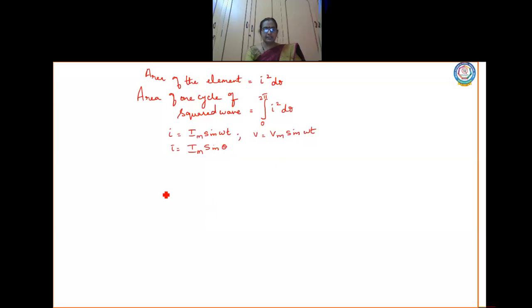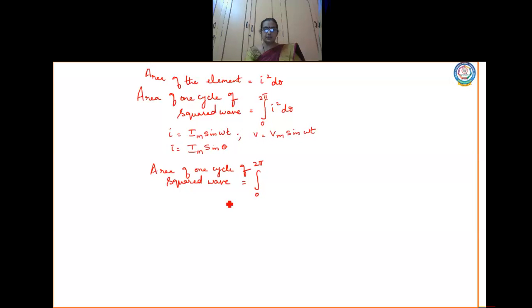Okay, now let us find out the area. I will just write in short, children: one cycle of squared wave is equal to integral 0 to 2 pi. Instead of I, I will substitute Im sine theta.